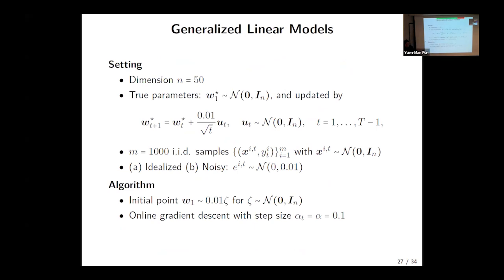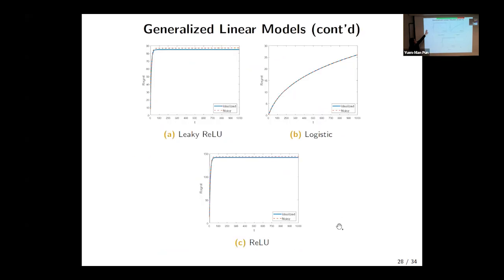And then we see that for the generalized linear model, using the leaky ReLU or ReLU activation function, the regret stabilizes. So it's not growing anymore, it's growing very, very slowly here for both cases. And for logistic activation function, both cases just grow sublinearly.